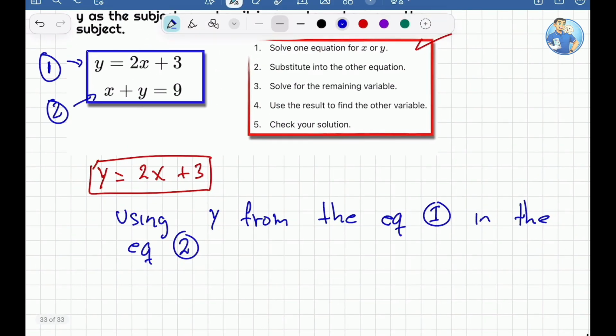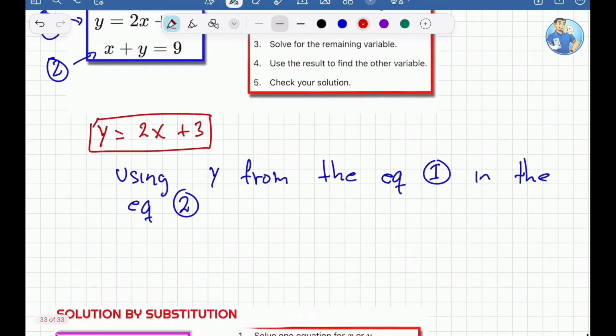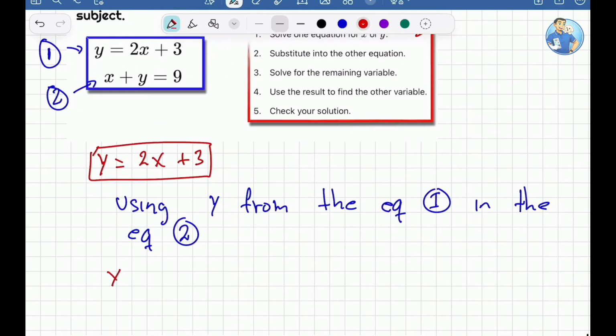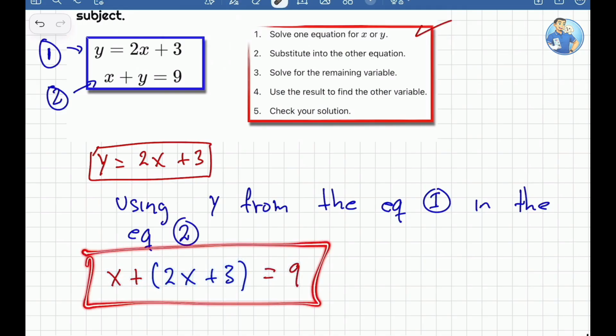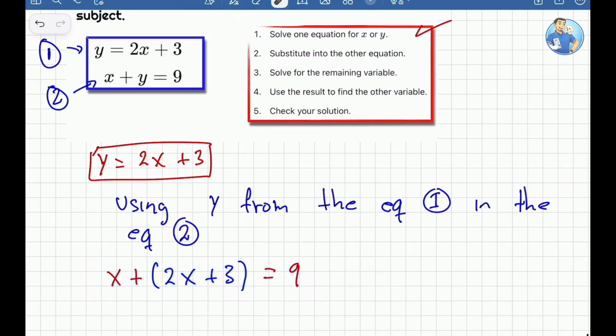So here comes the trick. Here comes the substitution. We have x plus what is y. So here we are going to use what is y. So 2x plus 3 equals 9. As you can see, now we only have one variable.